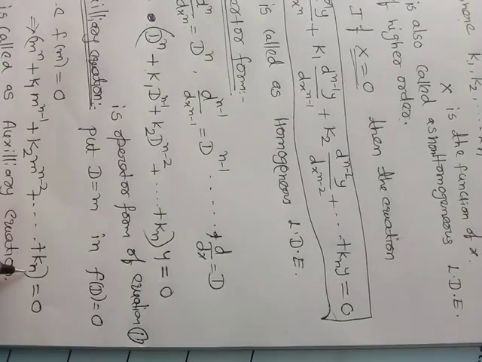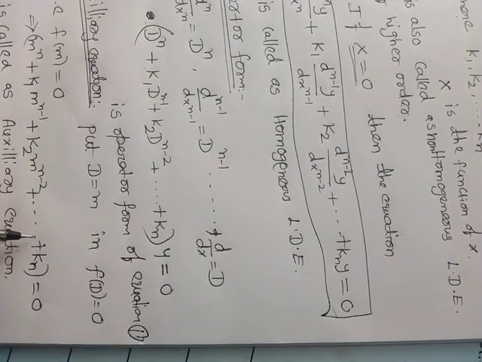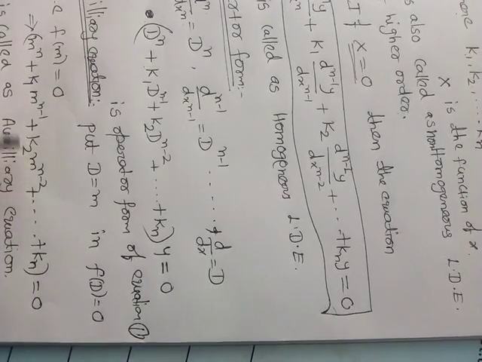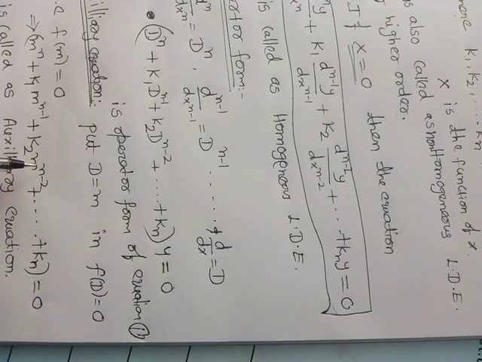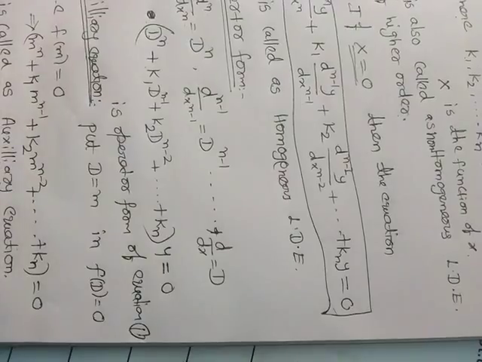In the auxiliary equation we have n roots. By solving this equation we get n roots. Depending on the types of the roots, we take the general solution of the operator form.